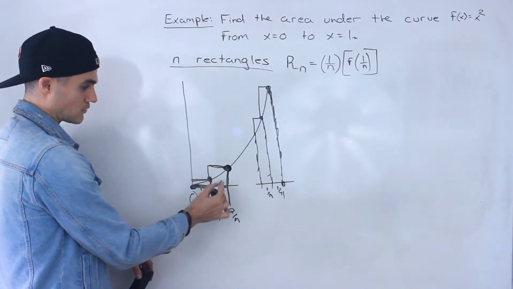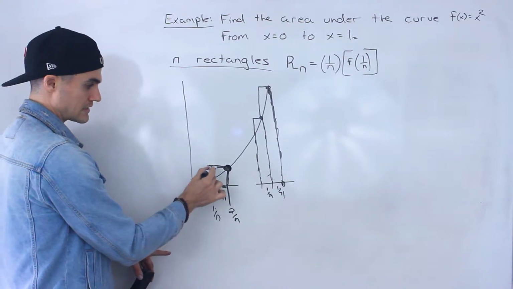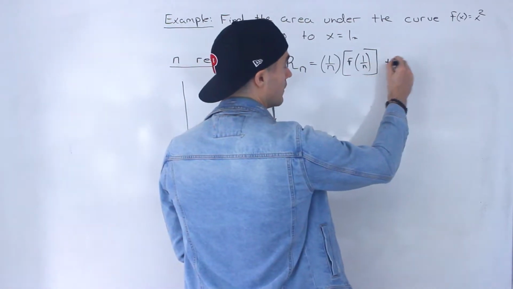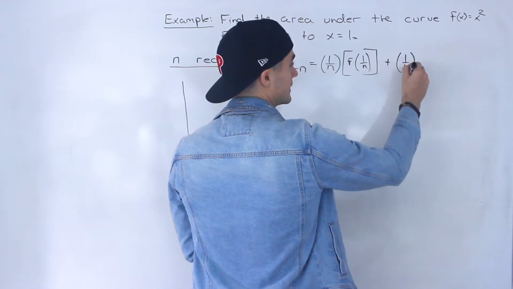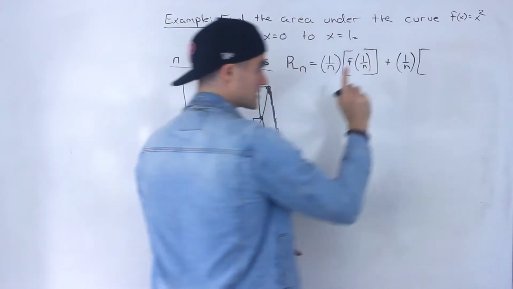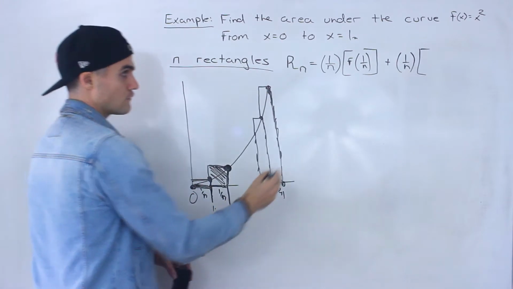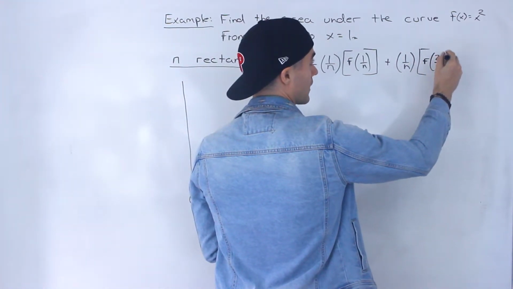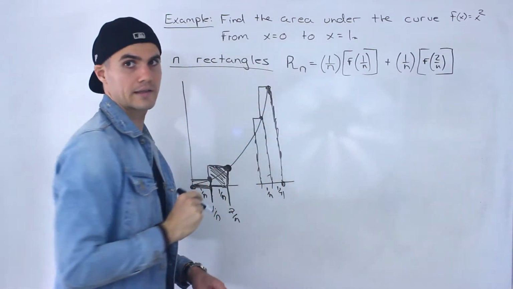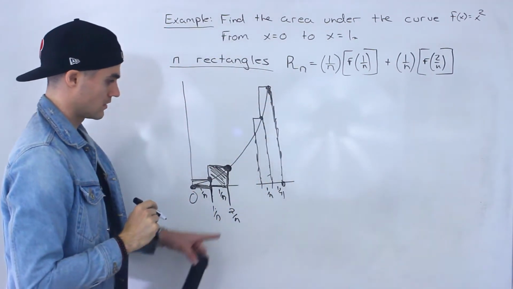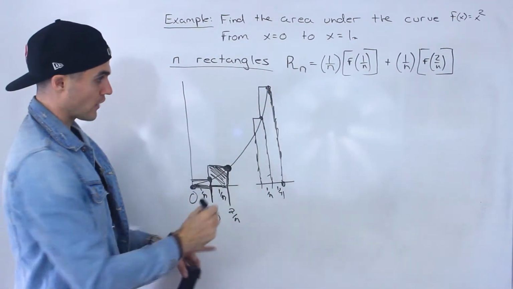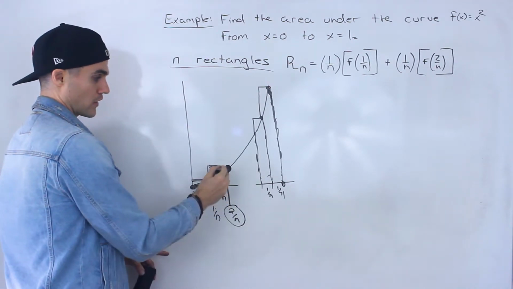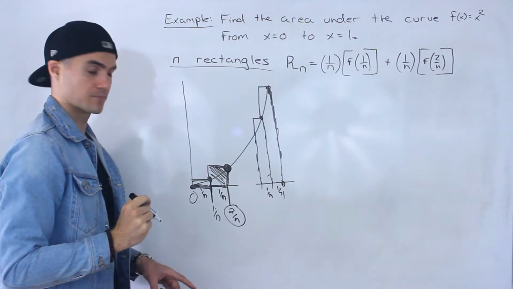So this second rectangle, the area here is going to be the length, 1 over n, times f of 2 over n, like that, right? f of 2 over n is the y value at an x value of 2 over n, the y value of this point here.